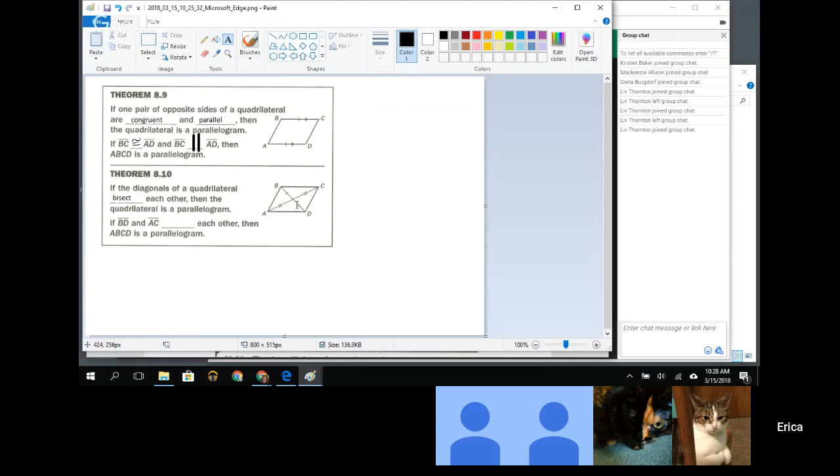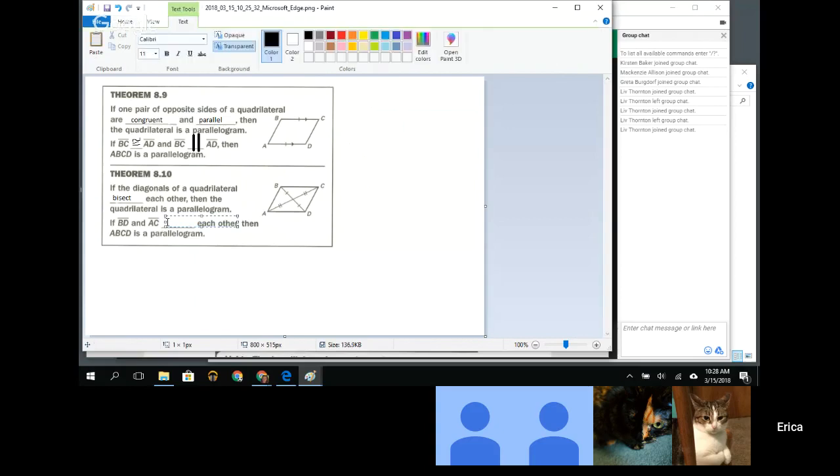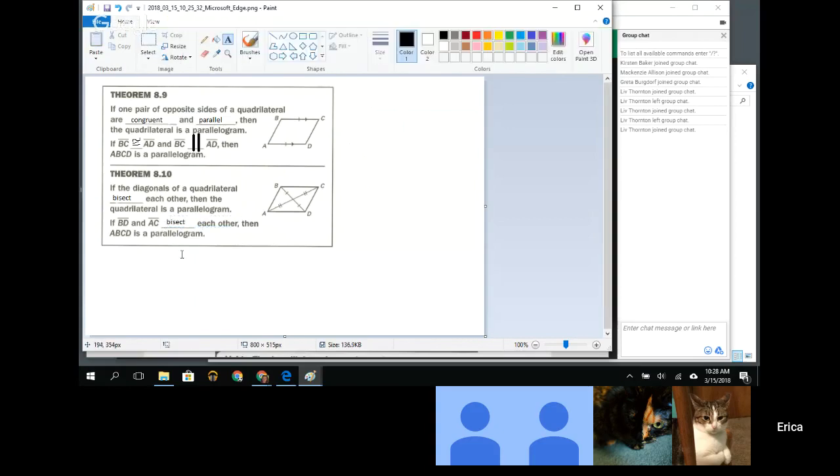So if BD and AC bisect each other, then ABCD is a parallelogram. Again, this one is the opposite of 8.6.